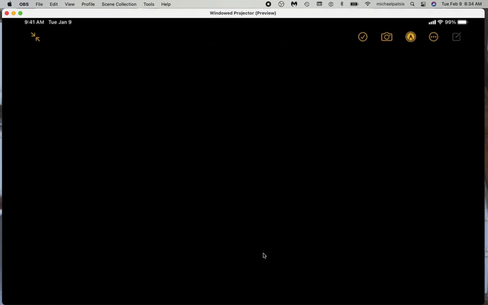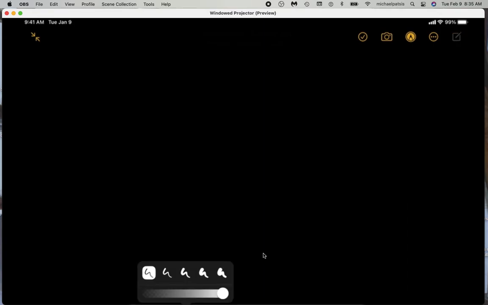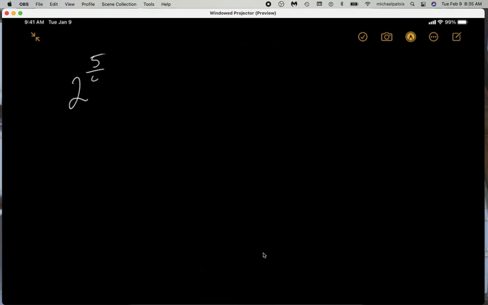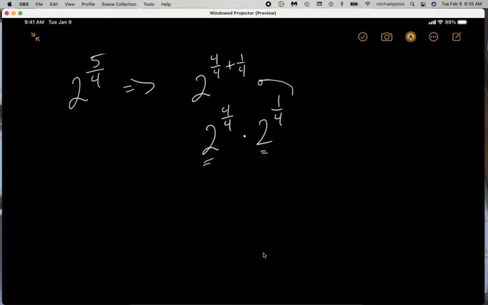Another example of using mixed numbers. Two to the 5/4. We could change that to 2 to the 4/4 plus 1/4, 2 to the 4/4 times 2 to the 1/4. Common base, you would add the exponents to get you here. This becomes 2 to the 1st.